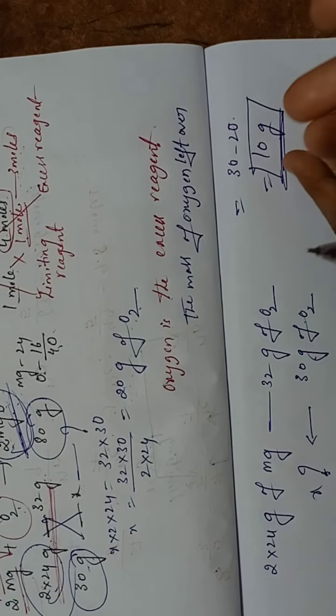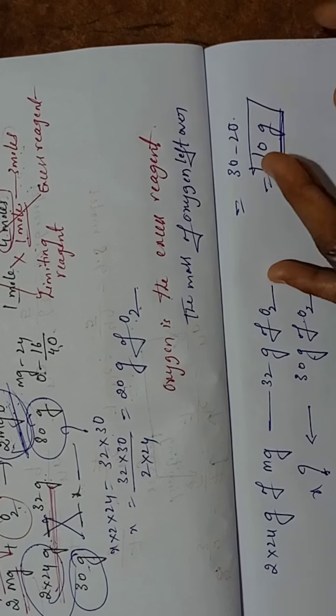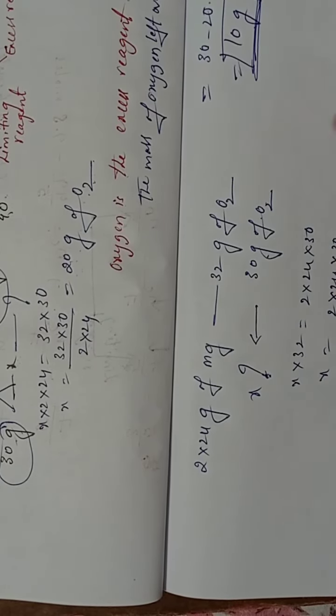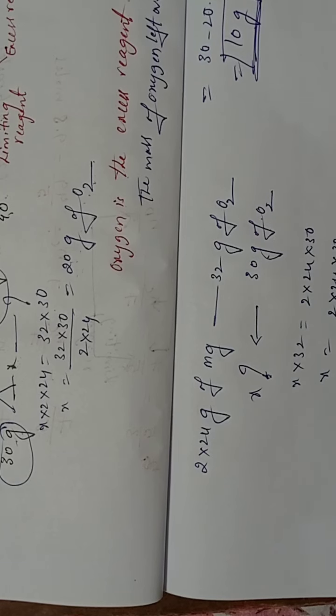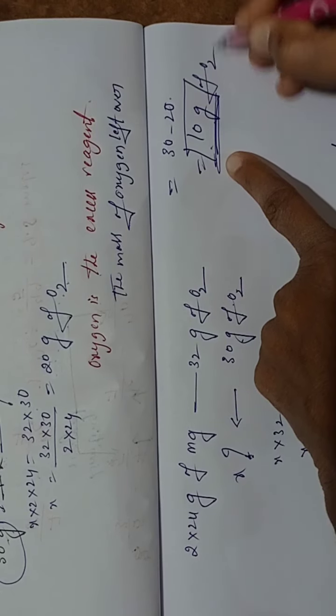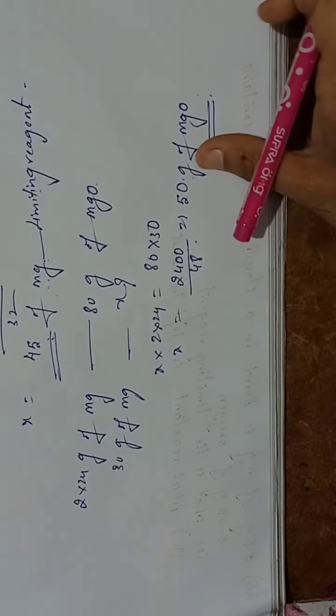Are you following? So this is the excess reagent. So what is the composition of the product, what do you have to tell? The composition of the residual mixture contains 10 grams of oxygen, and one more is 50 grams of magnesium oxide.